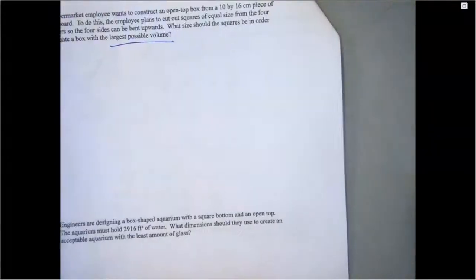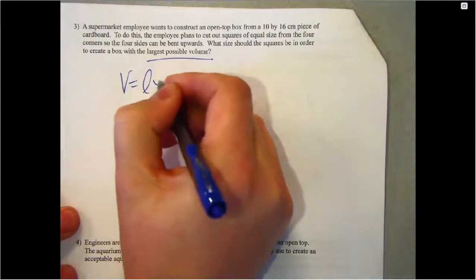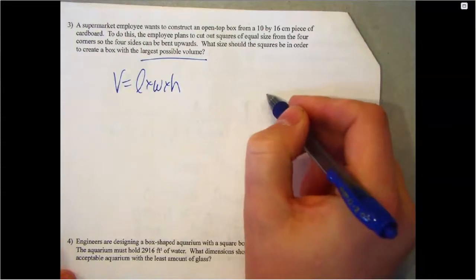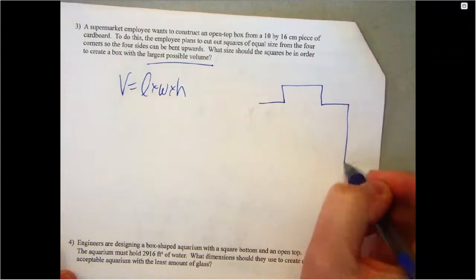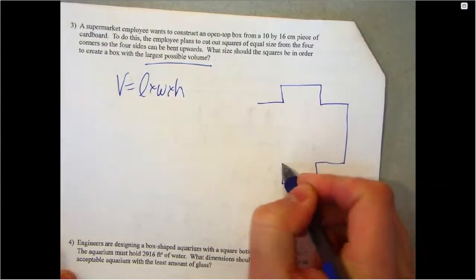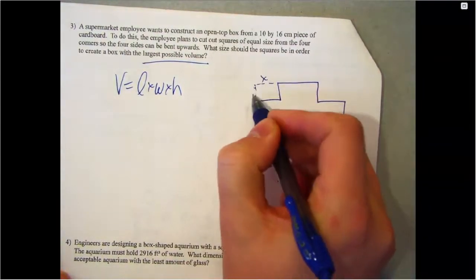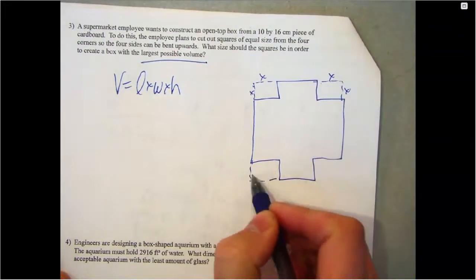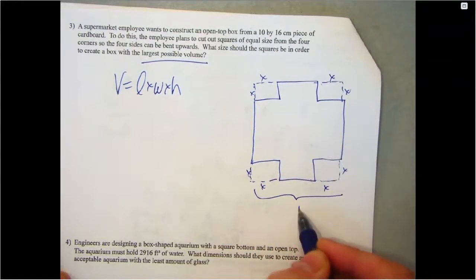So, what is the volume of a box? Volume is length times width times height. Well, I had these little units here are x, x. This is 10.